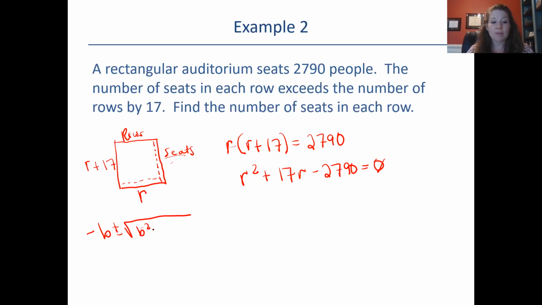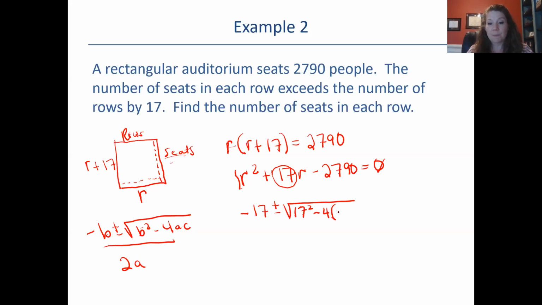We got to know our quadratic formula: negative b plus or minus the square root of b squared minus 4ac, all over 2a. So what's the opposite of our b? Our b is 17, so the opposite is negative 17, plus and minus the square root of 17 squared minus 4 times our a, which is 1, times our c, which is negative 2,790, all over 2 times 1, which is 2.